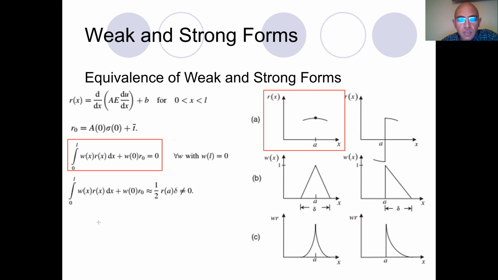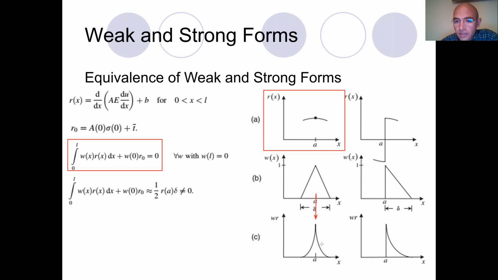Then, since W can be any function, I choose another W. Therefore, I arrive at this expression. If I multiply this function with this one, I will arrive at this function. Now, basically, what the weak form tells me is this has to be equal to 0. But as you see, it is non-zero.